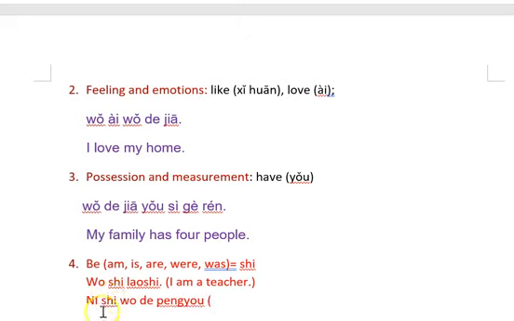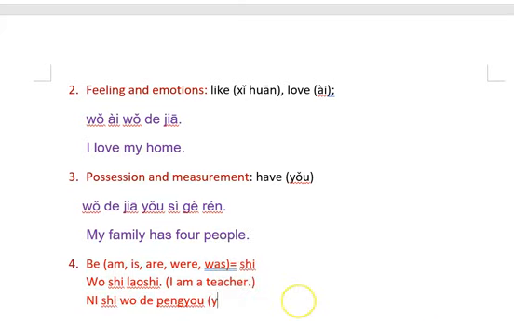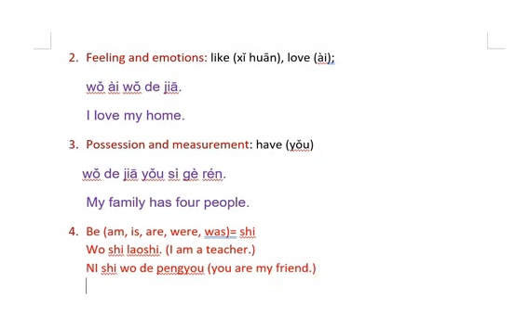This time, 是 means are. So you are my friend. Let's do one more example with is. How about this is my school? As I have talked about before, the pronoun is 这, so 这是我的学校. We learned 学校 last term. This is my school.